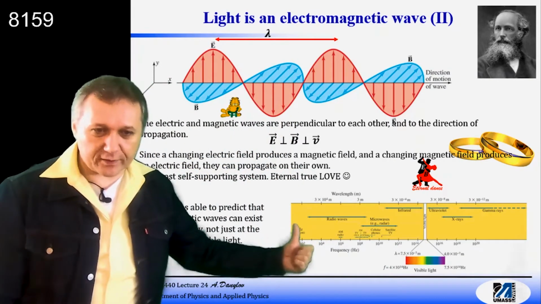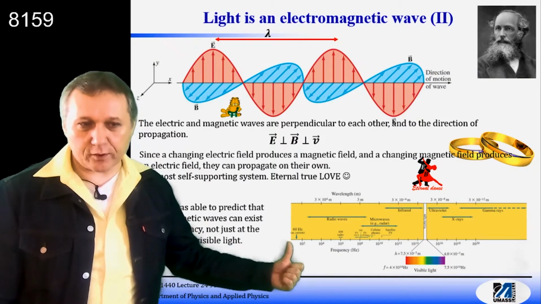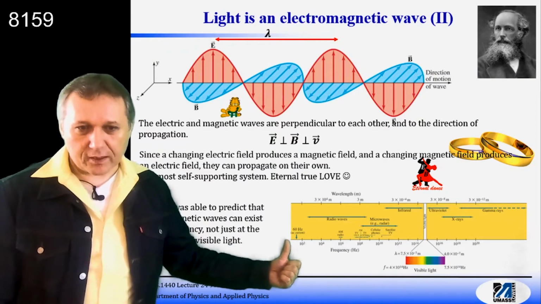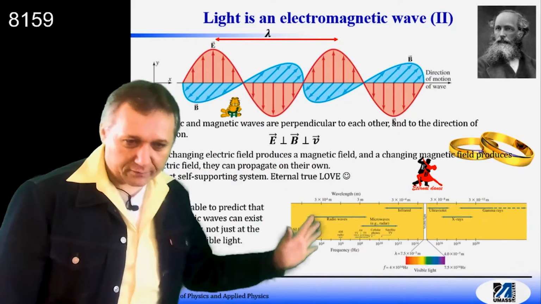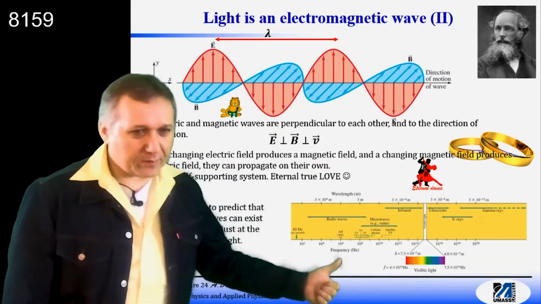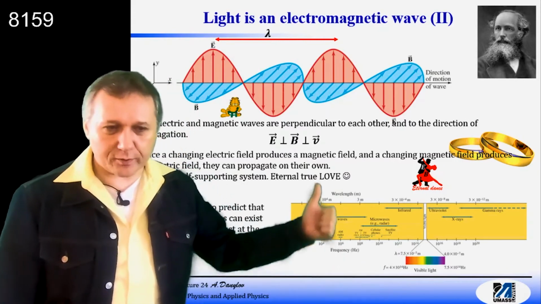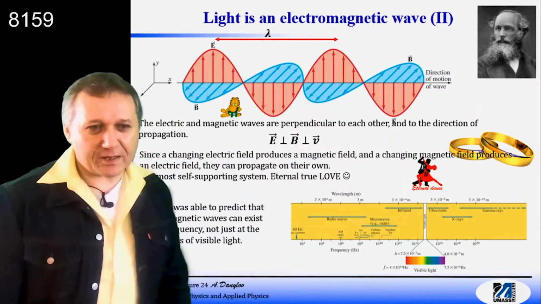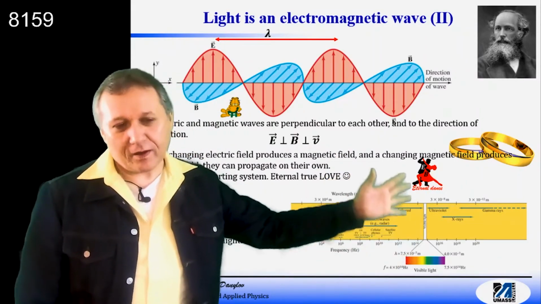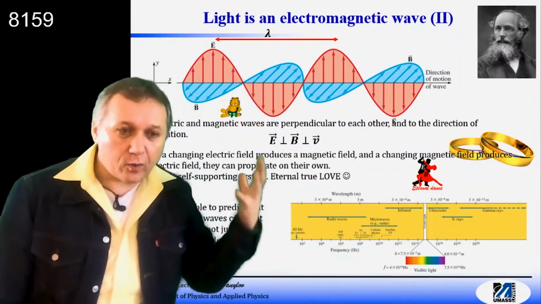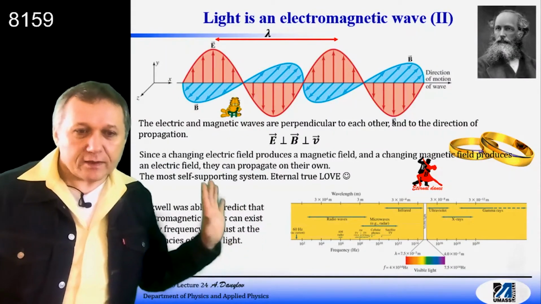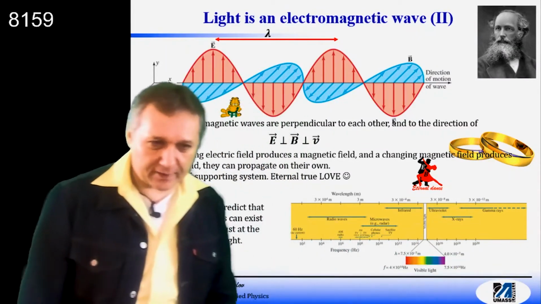On one side, we have radio waves, and on the other side, we have gamma rays. So we have radio waves, then microwaves, then terahertz, then infrared, then visible, then ultraviolet, then X-rays and gamma rays. These are all electromagnetic waves. They all travel with the speed of light.